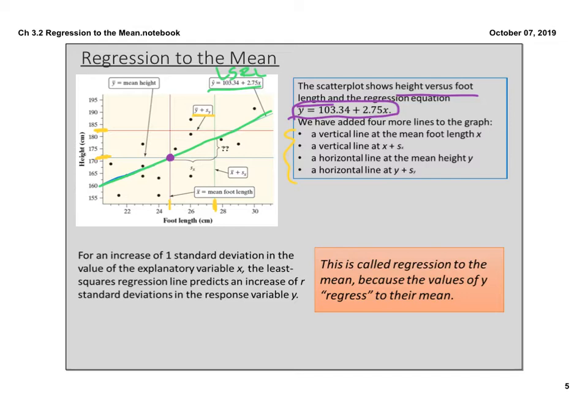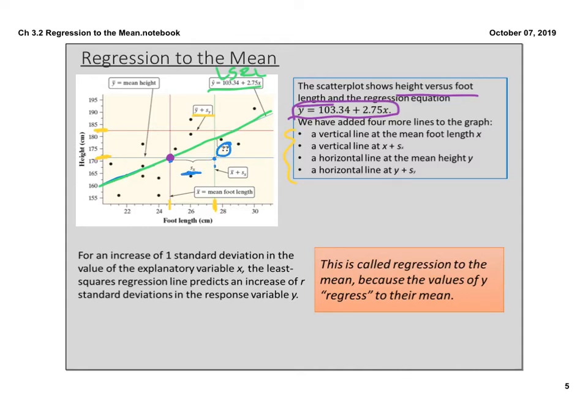So what they're looking at here is how much did the Y value change with 1 standard deviation of X change. So here's the mean of X. If I go 1 standard deviation away, I'm right there. That's S of X. Okay, and that gets me to that line.